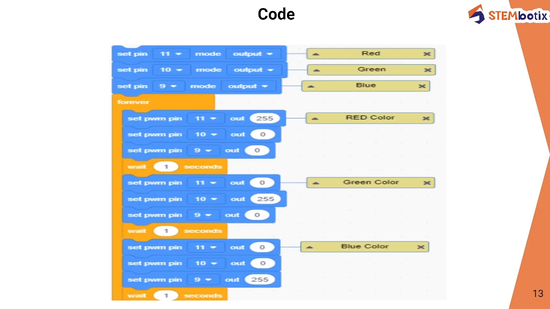These are the forward voltages for the RGB LED. Let's talk about the forward current. For red, the forward current is 20 milliamperes. For green it is 20 milliamperes, and for blue it is also 20 milliamperes. So the forward current is the same for all three colors, but the forward voltage varies for each individual color.